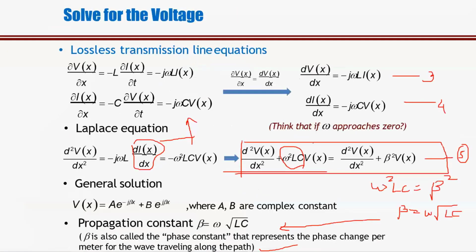So beta here we call the propagation constant. Alpha is 0 for a lossless transmission line. And again we know that beta is the phase constant, measured in radians per kilometer. Right, so this is the general equation for the transmission line.